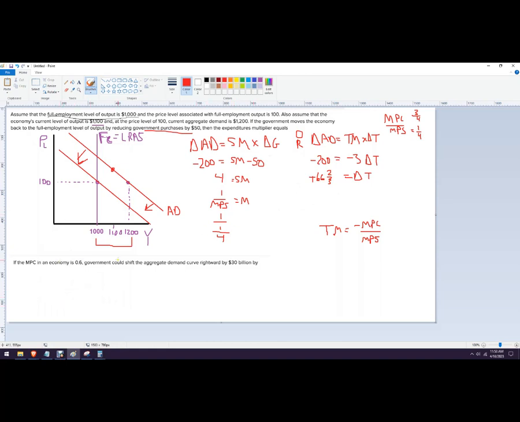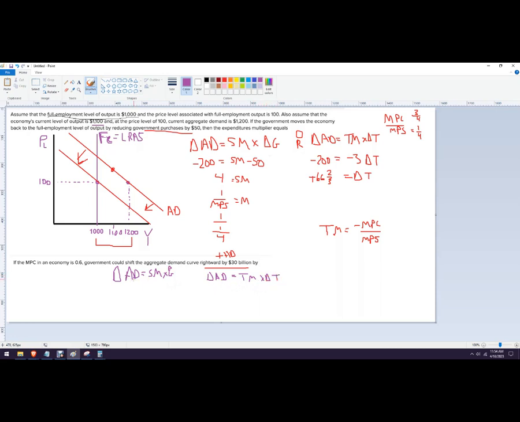All right. Next, if the MPC is 0.6, the government could shift aggregate demand rightward. So rightward is an increase. We're going to use the same formula as we used up here. The change in aggregate demand equals the spending multiplier times the change in government spending, or the change in aggregate demand equals the tax multiplier times the change in taxes.